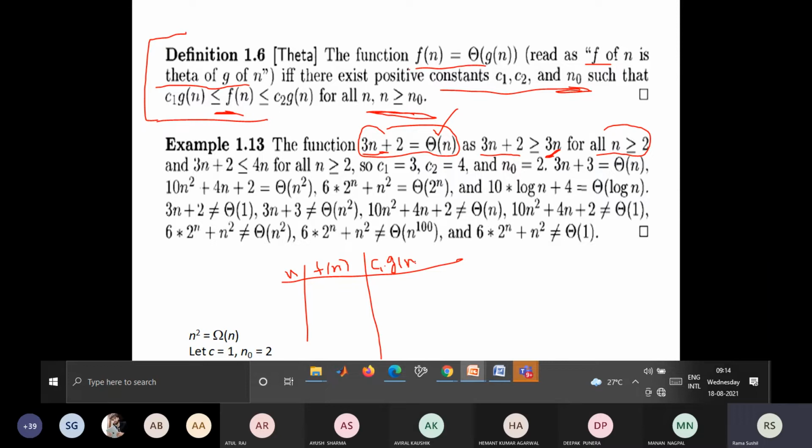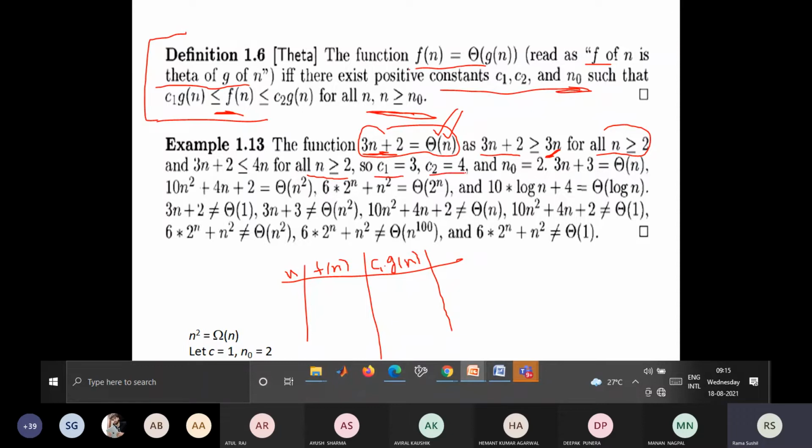In this example, you know very well it is of order n, because there is no other term of n. So you may go for C1 times g(n) with different values of C1, where g(n) is n. You can easily show that f(n) is less than or equal to C2 n as well as greater than or equal to C1 n when n is greater than or equal to 2, with C1 being 3 and C2 being 4.